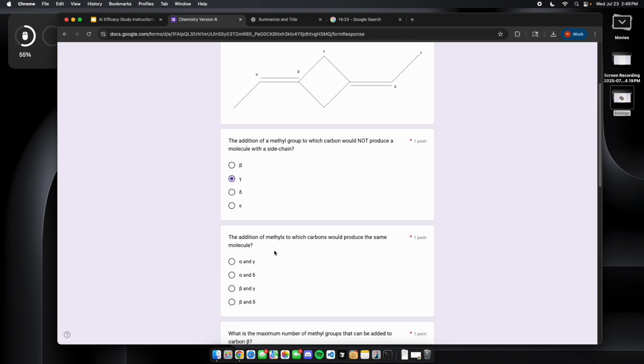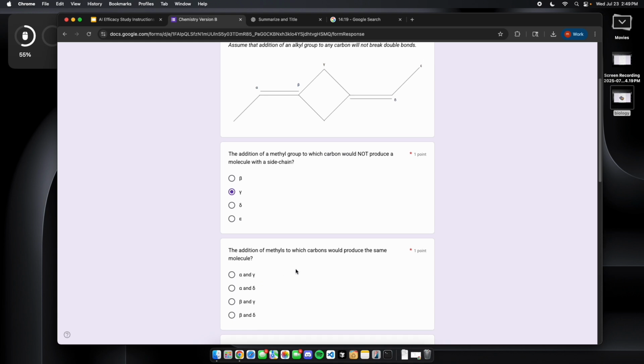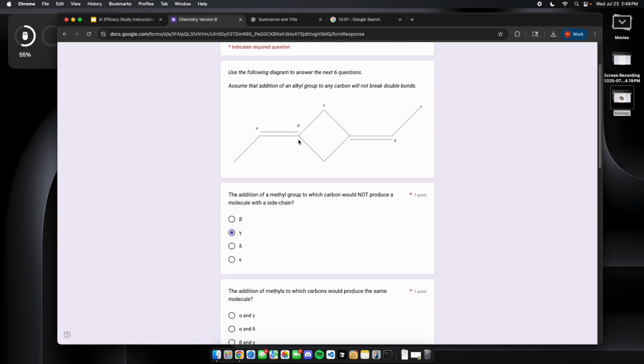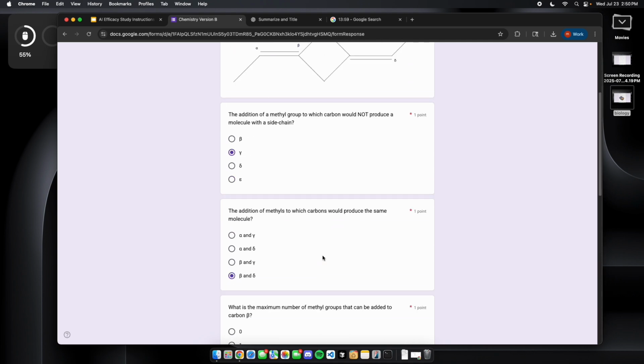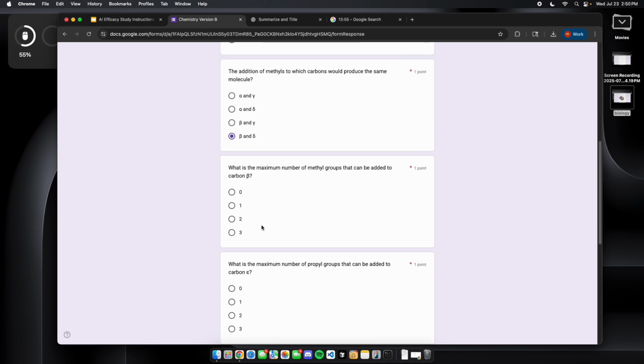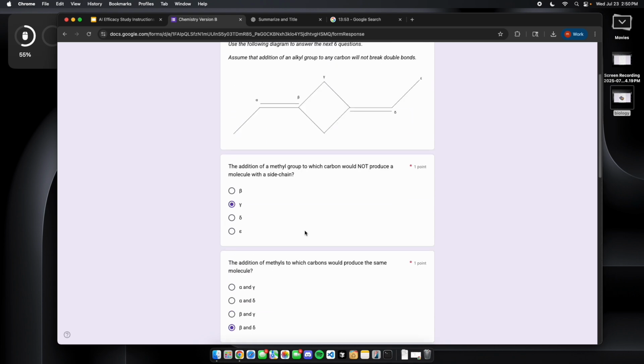In addition to the methyls, which carbons will produce the same molecule? Yeah, I'll go B in this. Which is the maximum number of methyl groups that can be added to carbon B? Carbon B. Two.